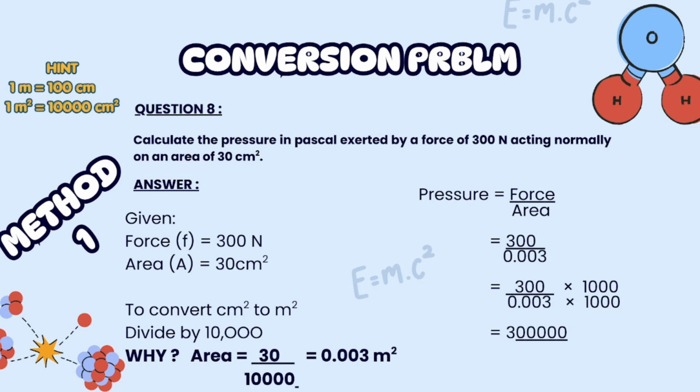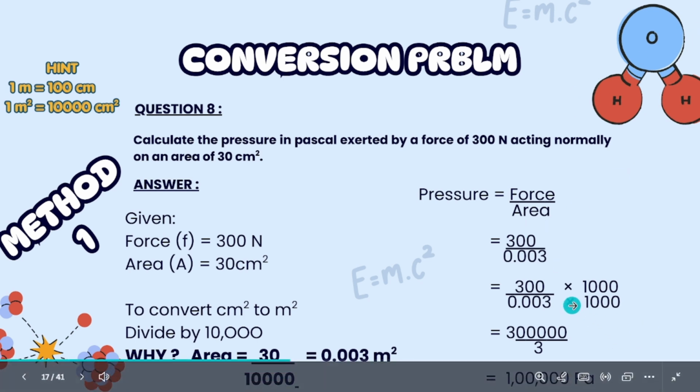Substitute the values and multiply both with 1000. Why are we multiplying both with 1000? Because after the point you can see there are 3 digits. To remove this point, we have to multiply with 1000, which has 3 zeros. Okay, 300 into 1000 gives me 3 lakh.